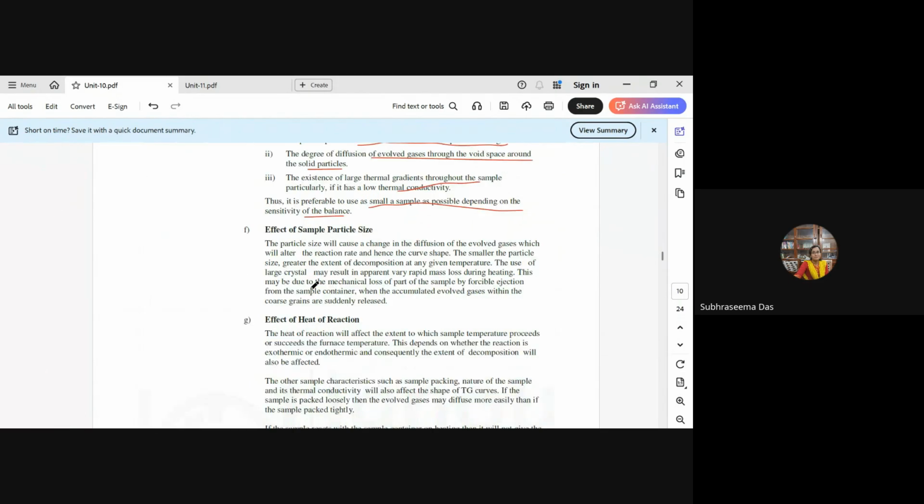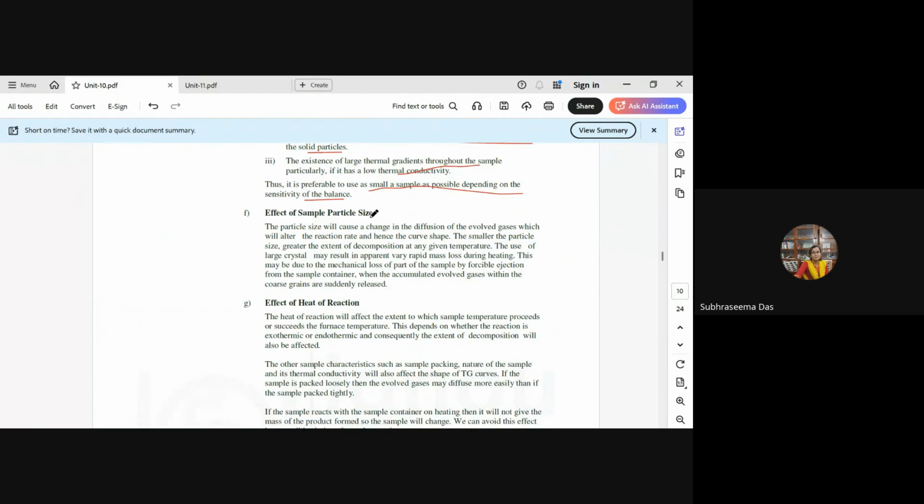Then coming to the effect of sample particle size. The particle size will cause a change in the diffusion of the evolved gases, which will alter the reaction rate and ultimately the shape of the curve. The smaller the particle size, the greater is the extent of decomposition at any given temperature. The use of large crystals may result in apparent rapid mass loss during the heating.